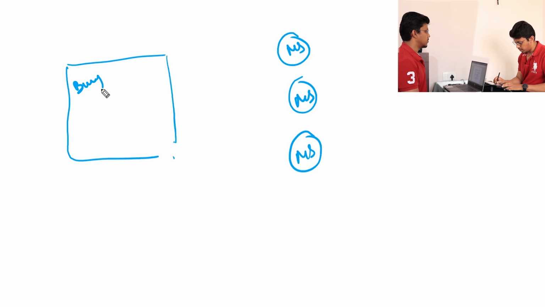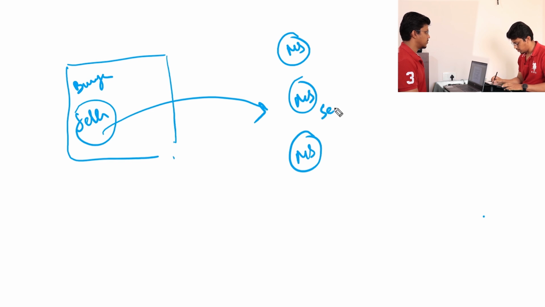Suppose we have buyer, seller, and we want to take this out and make it a microservice. So what we can do is, instead of buyer calling this, we need a mechanism to call an API.